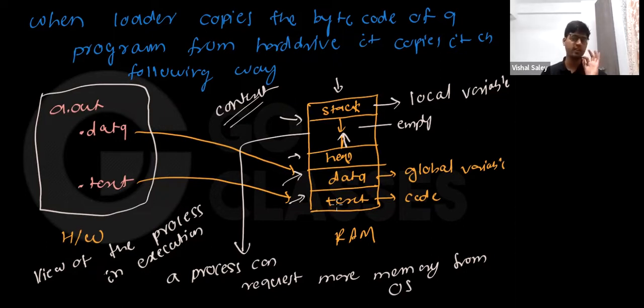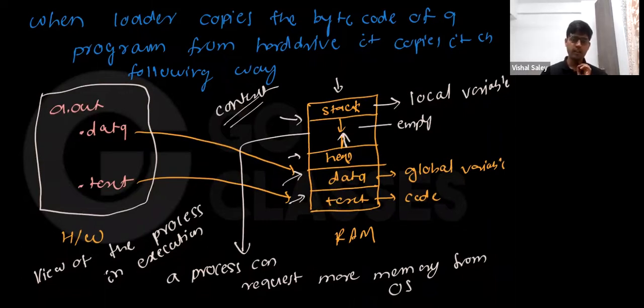At this moment, assume it's a contiguous location. Don't add unnecessary complexity at this point. We'll understand these problems when we get to memory management, but just for the sake of understanding the concept of the process, you can assume it to be contiguous. Okay.